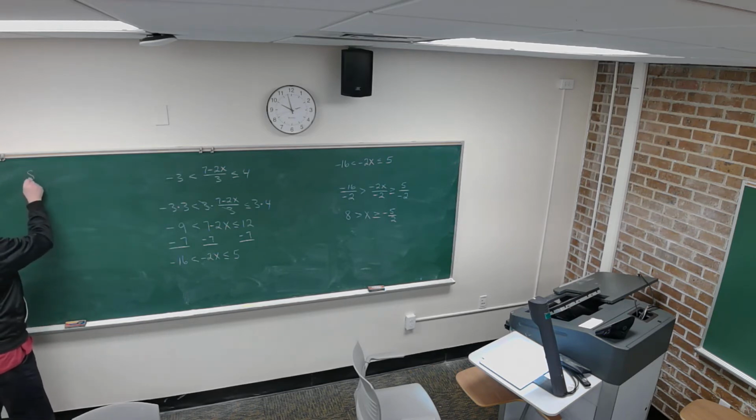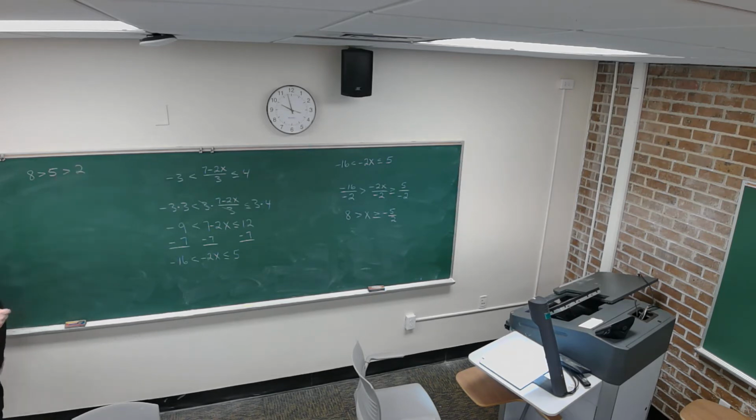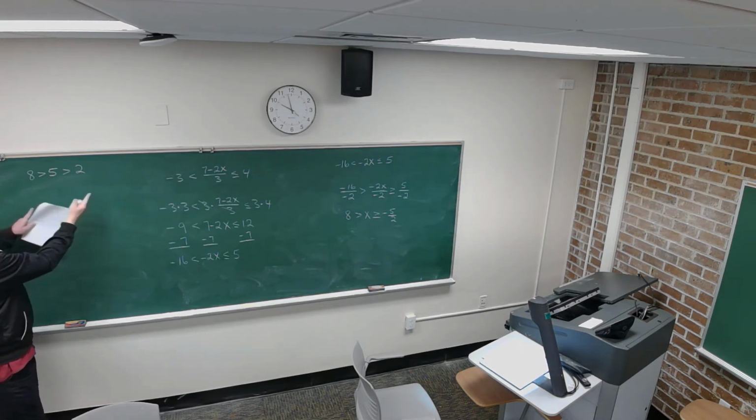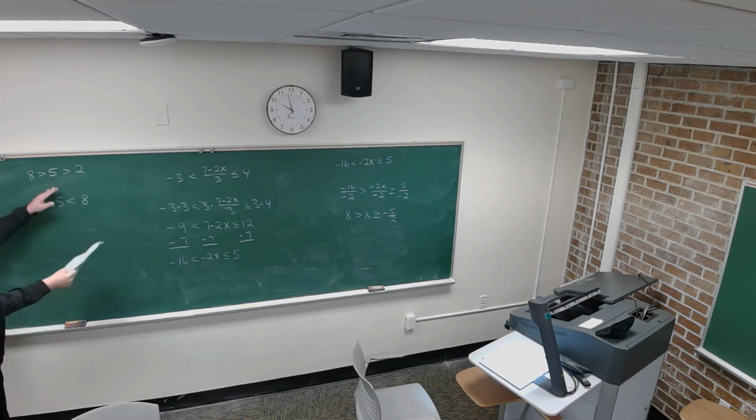You know that 8 is greater than 5, which is greater than 2, right? It's all true, right? So if I flip that over, put the 2 over here, leave the 5 in the middle, and 8 here, 2 is less than 5, which is less than 8. So you can take this inequality, flip it over, and read it as 2 is less than 5, which is less than 8.